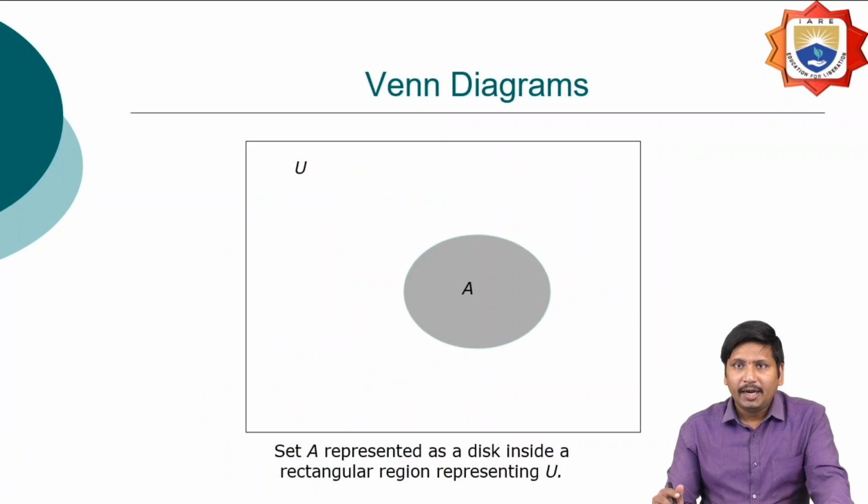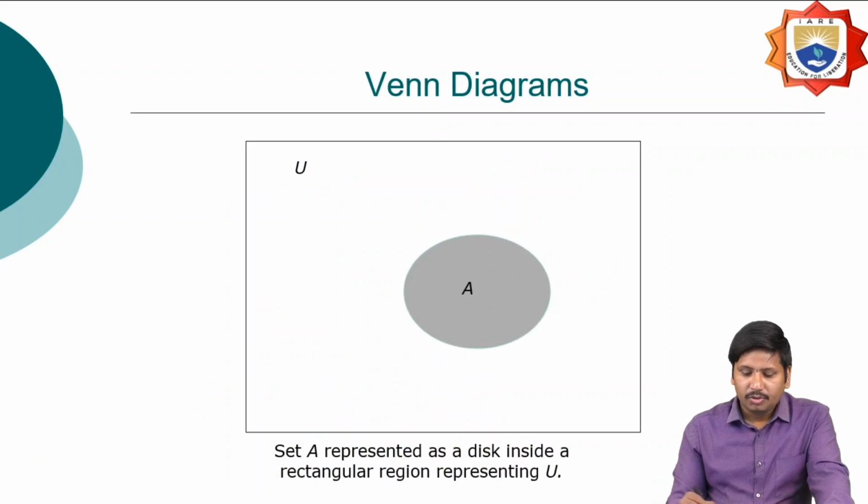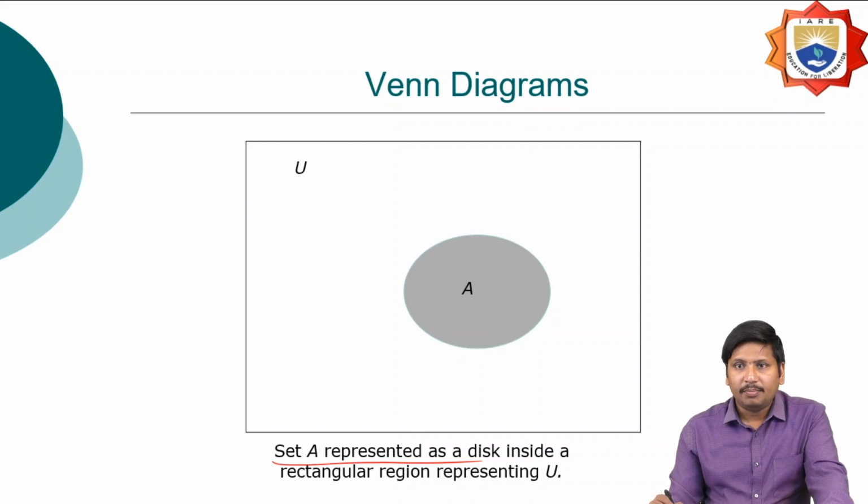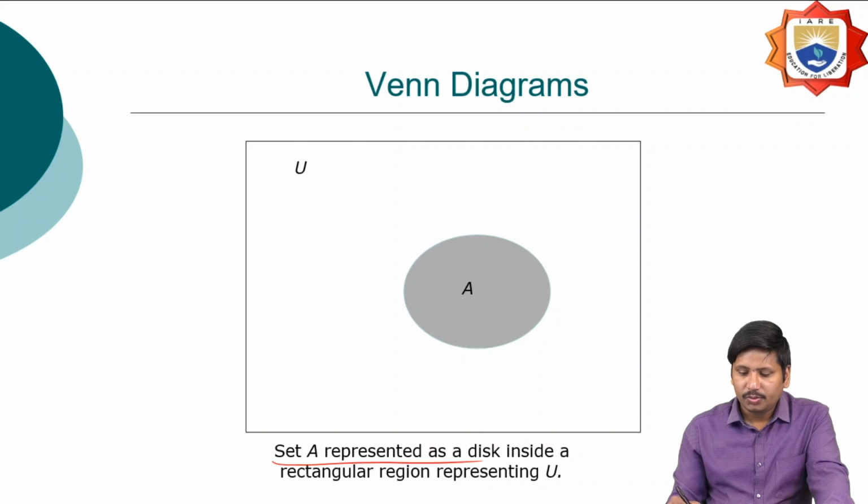And coming to the Venn diagrams, sets can also be represented this way. Suppose a set A is represented as a disk inside a rectangular region called the universal set.